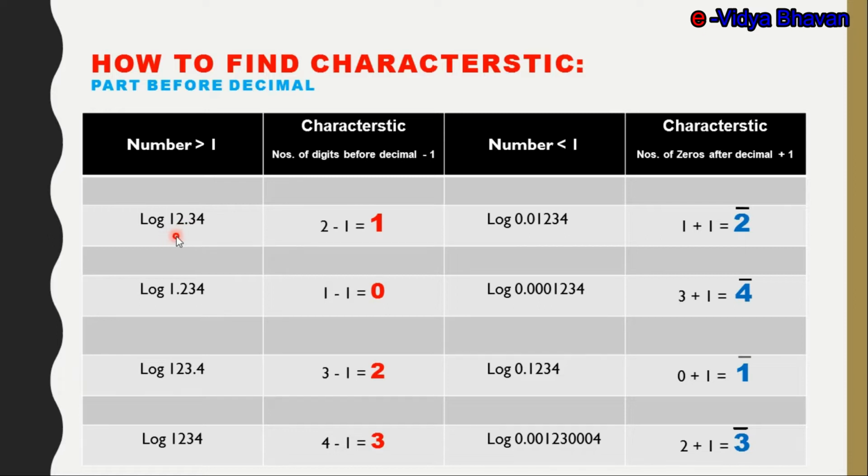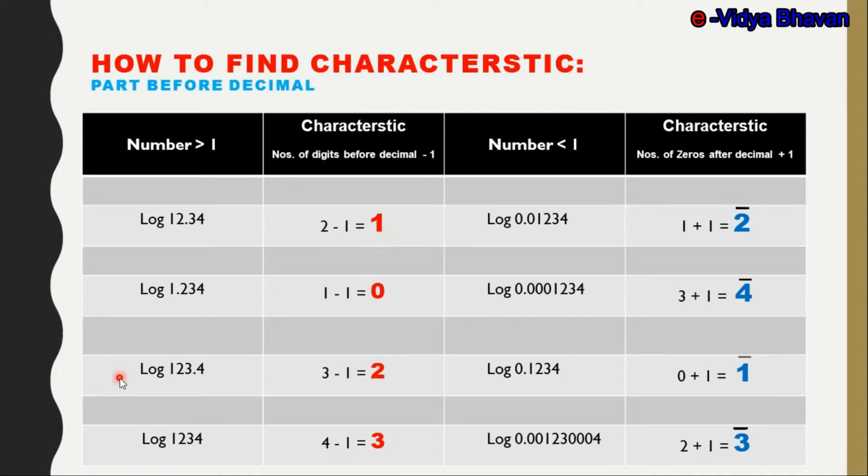So we will take this 2 minus 1 as per the rule for characteristic: number of digits before the decimal minus 1. So there are two digits before the decimal, so 2 minus 1 as per the rule is going to give me 1. So this will become the characteristic.